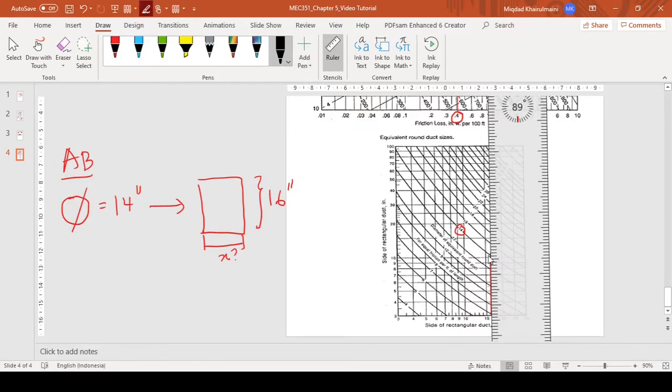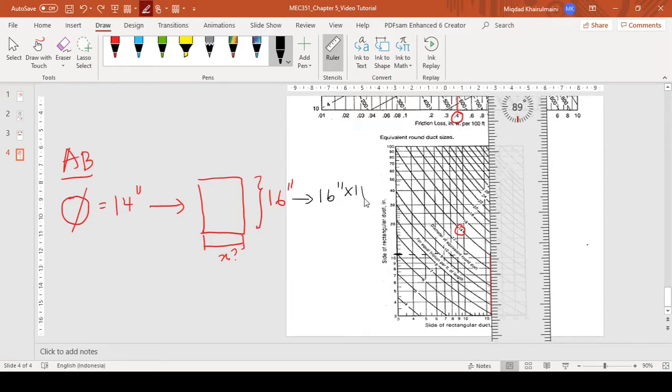Then we can read for the width, approximately here. So if we want to use 16, it will be 16 inches times 10.5. Oh, sorry, not 10.5, 11.